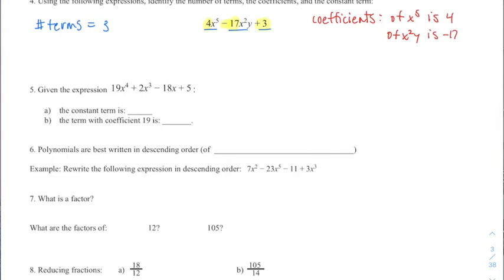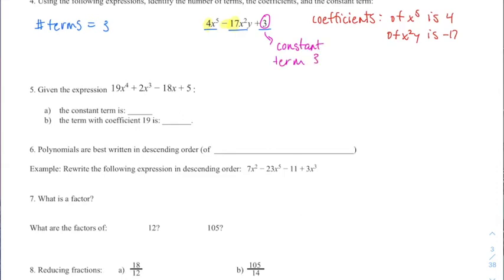Oh, and I made a mistake. Actually, we don't call this a coefficient because it has a special name. The fact that it is not attached to any variable means that it is actually a constant term. Okay, so 3 here is our constant term.